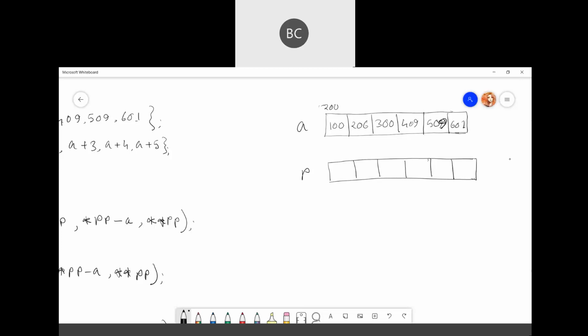Also consider your integer type is short, so the size will be 2. Since the size is 2, it will be incremented by 2: 202, 204, 206, 208, and 210.